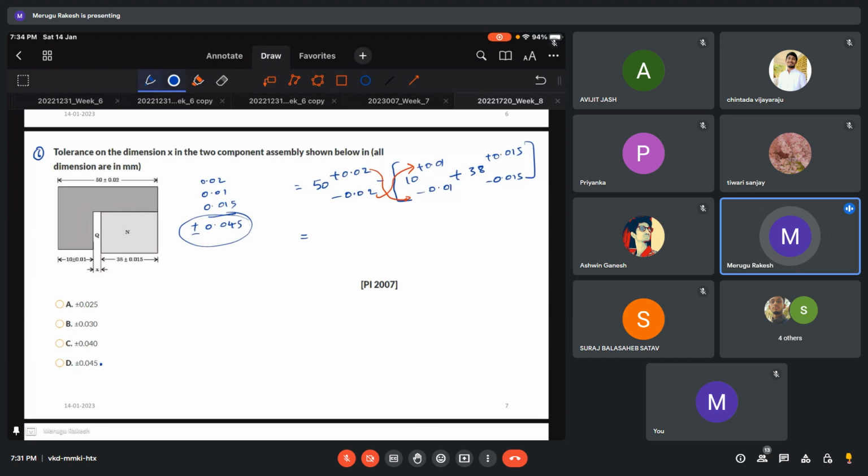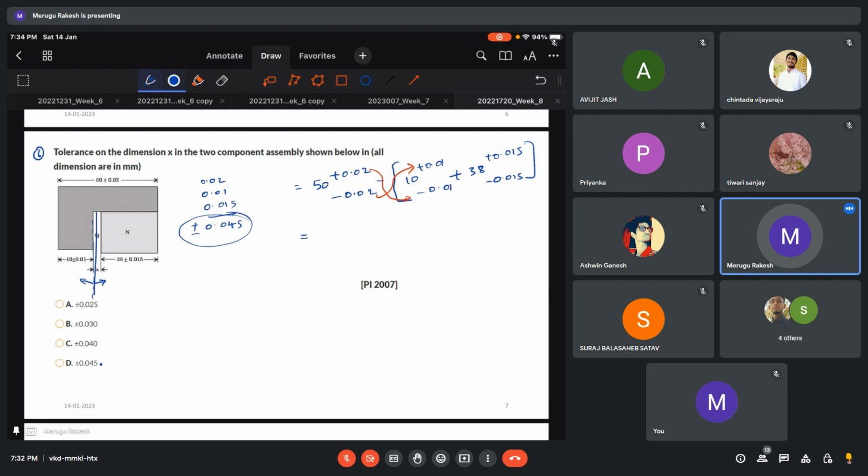That depends on where you're drawing this baseline. It will be a zero line from which both of them are at the same distance, like plus 0.045 and minus 0.045.